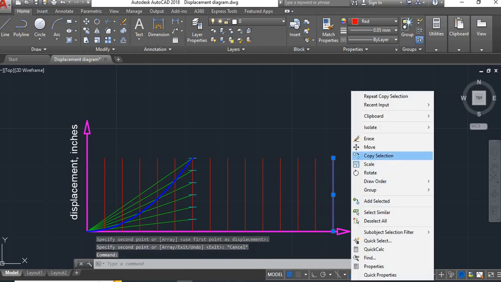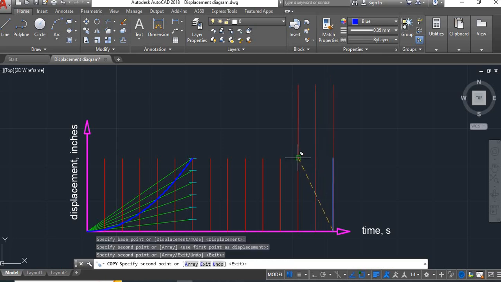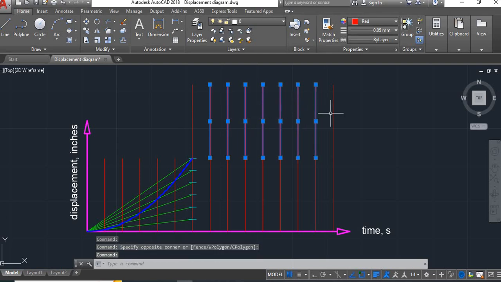Now we add 1 more inch because the follower rises 1 more inch. Okay, until this one, this is the starting point. So we add 3, 4, 5, 6, 7, 8.